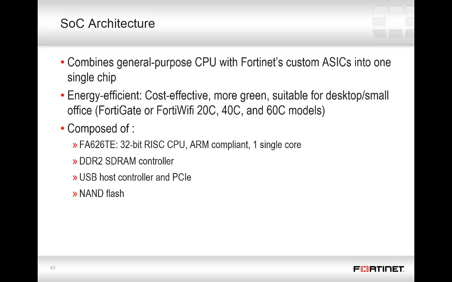System on a Chip is usually found in smaller FortiGate models intended for desktop and small offices because it can't handle a carrier-grade computing load, but the benefit is that it requires less power and is therefore more energy efficient and cost-effective. So it's an option for organizations that want to save on their power bill, eliminate office heat and noise, or that have green computing initiatives.